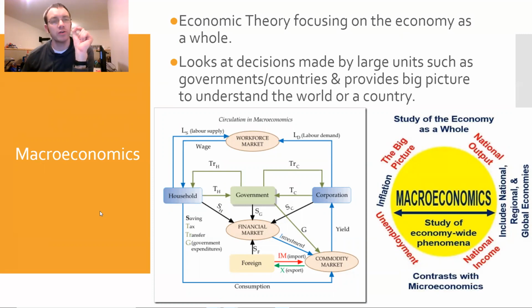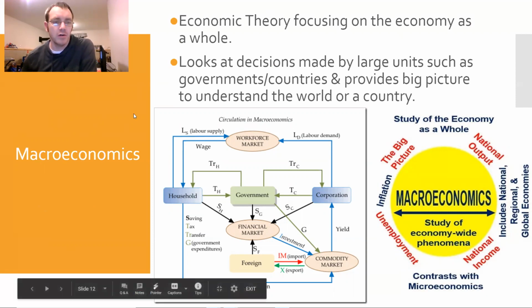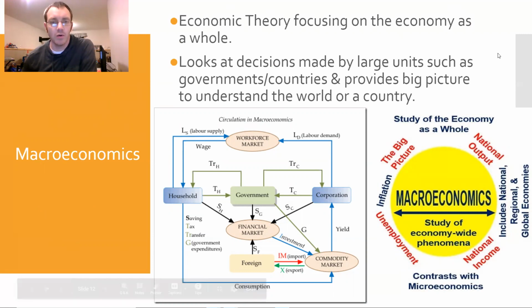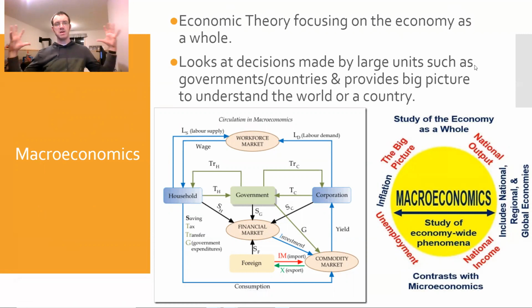Macroeconomics. So we're going to take a real slim peek into macro and microeconomics. That'll come a little later, but I'll give you an idea of the terms. Macroeconomics is economic theory focusing on the economy as a whole. We look at the big picture from way far back of how decisions are made by large units such as the government, the world, and countries, and how that helps us understand how everything works.